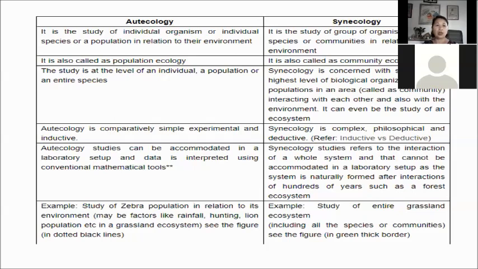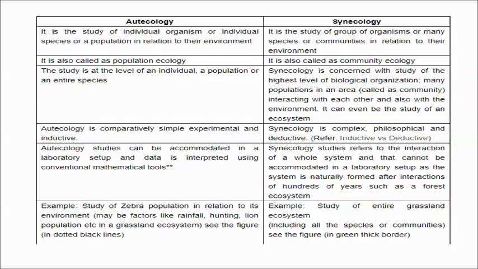Autoecology is the study of individual organisms or individual species or a population in relation to their environment. The keyword is individual organism or species. While synecology is a study of groups of organisms or many species or communities in relation to their environment. Okay, so autoecology can also be called population ecology, while synecology could also be called community ecology.